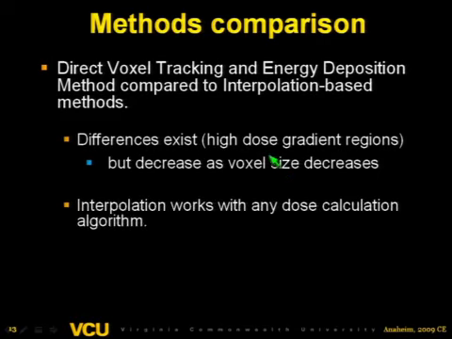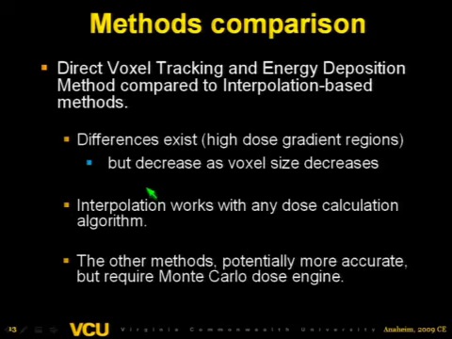The good part about the interpolation methods is that they work with any dose calculation algorithm. They don't necessarily require a Monte Carlo dose calculation engine. But on the other hand, the direct voxel tracking and energy deposition are potentially more accurate. But again, they require a Monte Carlo dose calculation engine.